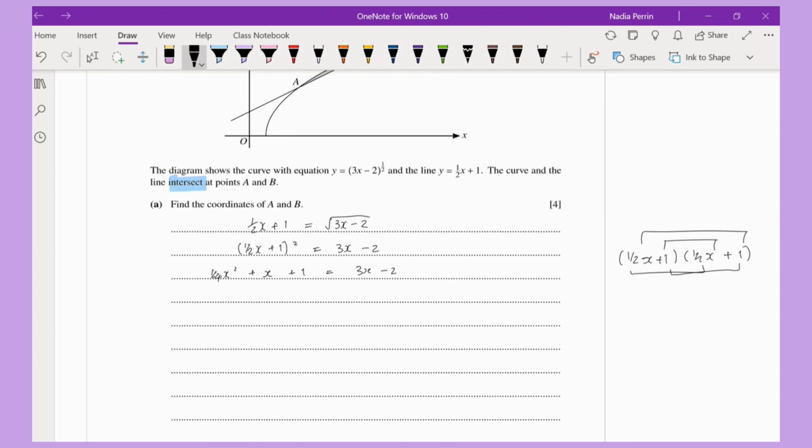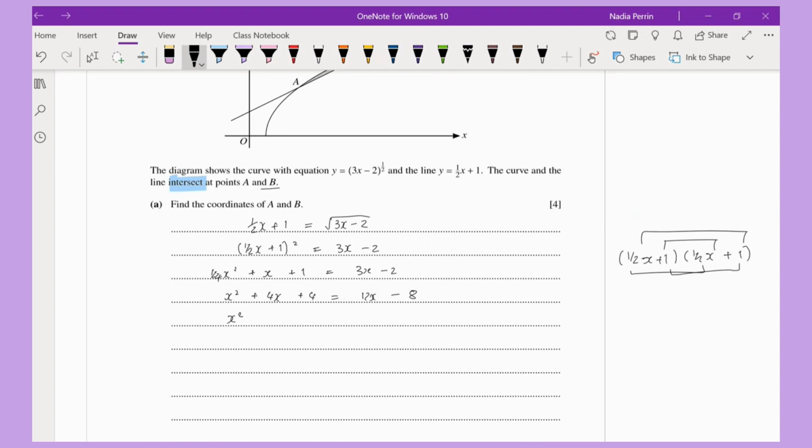Now, at this point, I'm going to find it easier just to times everything by 4, simply because I have a quarter x squared. So x squared plus 4x plus 4. Remember to do the same thing to both sides. And then just making this pretty because it should start to look like a quadratic, which we're expecting because there are 2 points of intersection.